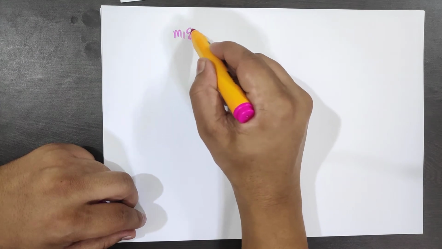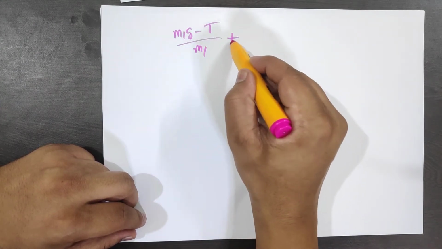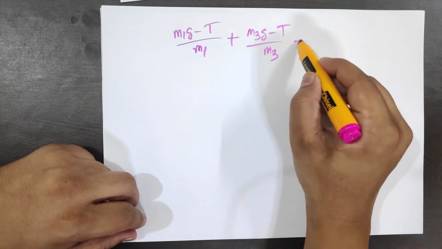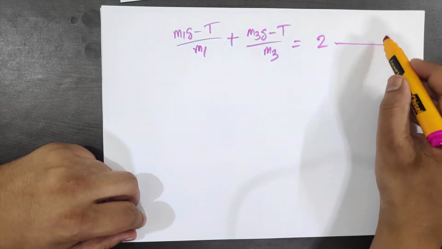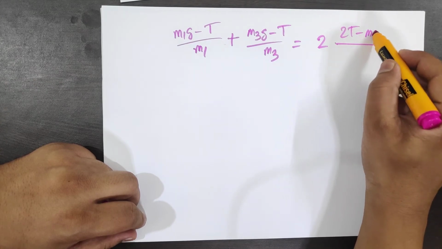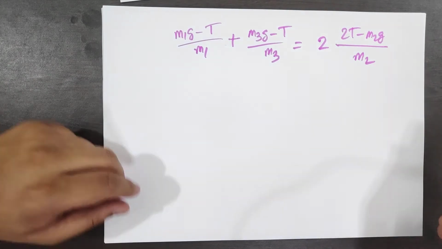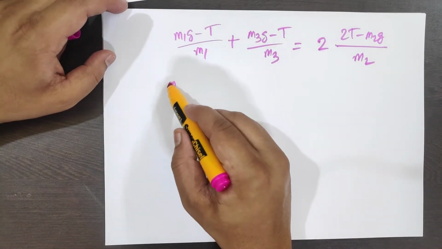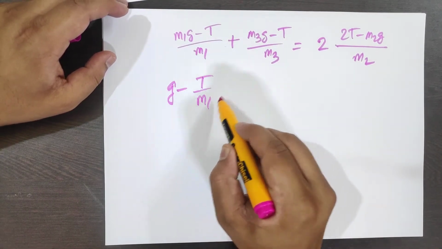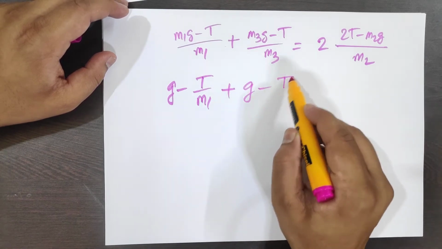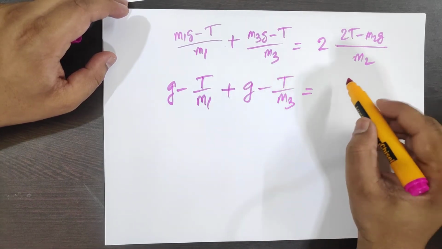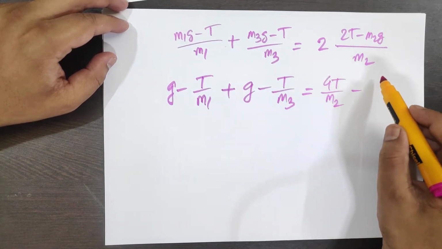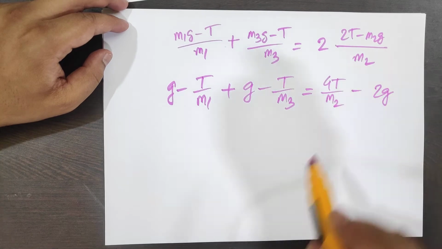So (m1g minus T) by m1 plus (m3g minus T) by m3 equal to 2 into a2, that means 2 times (2T minus m2g) divided by m2. So you can find out the tension from this expression. So g minus T by m1 plus again g minus T by m3 equals 4T by m2 minus 2g.